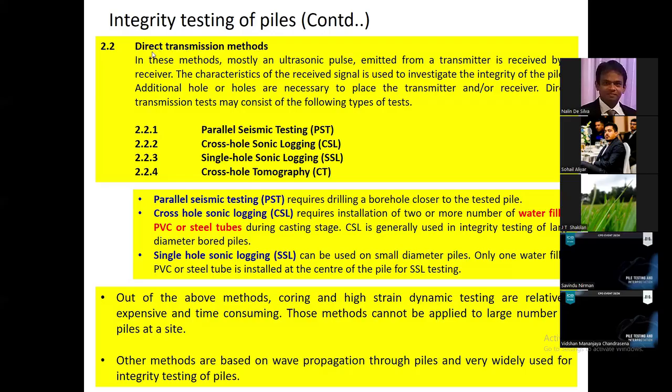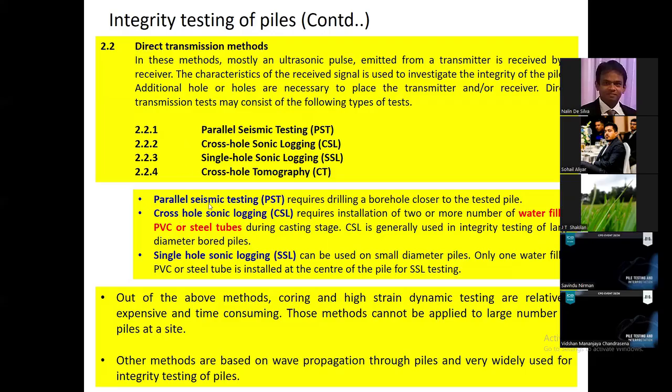There are several direct transmission methods: parallel seismic testing, cross-hole sonic logging, single-hole sonic logging, and the CT, cross-hole tomography, which is an advanced version of the cross-hole sonic logging test. These tests are widely used as direct transmission methods. I will talk about these tests in detail in the coming slides.